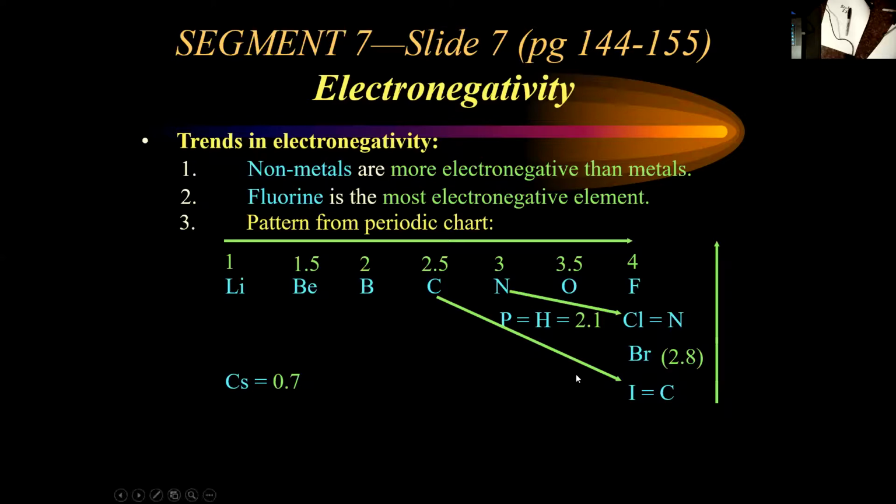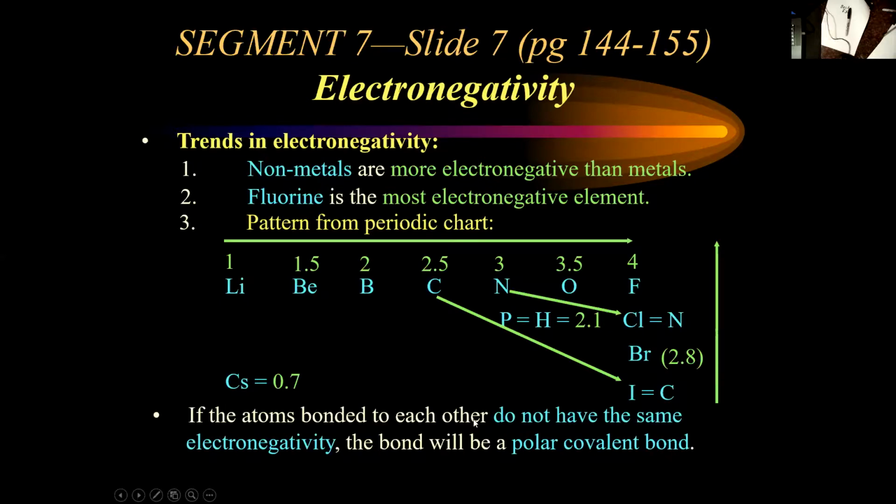So if I'm comparing this one with this one, this one is closer to its row end than this one. It's more electronegative than this one. That makes it fairly easy to make comparisons between elements on the chart down here, and that's where a lot of the comparisons take place: just see which one is closest to its end row. The one that's closest to the end is the more electronegative of the two.